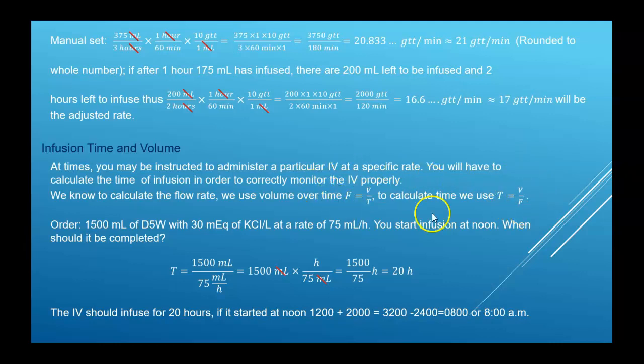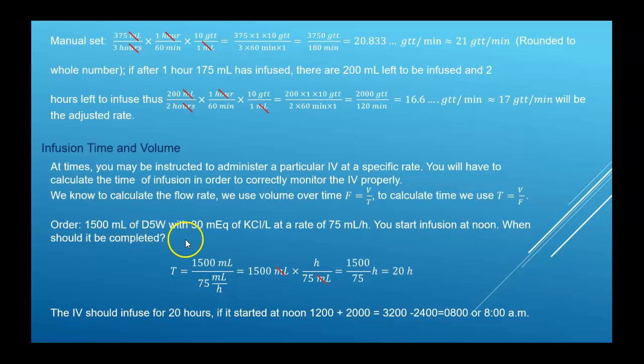And you don't have to memorize all these formulas. I'm going to show you how you can memorize just one and find the other two from that one. So basically, to find the time, you take your volume and divide by your flow rate. If we have 1,500 milliliters of dextrose with 30 milliequivalent of potassium chloride running at a rate of 75 milliliters per hour, you start the infusion at noon.